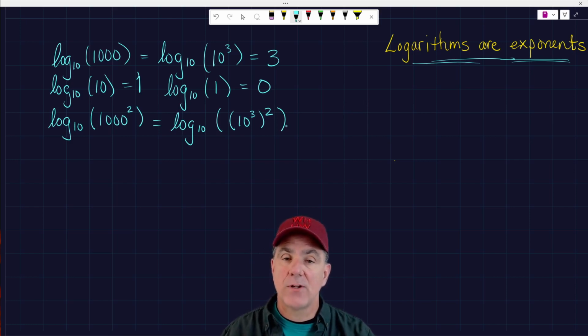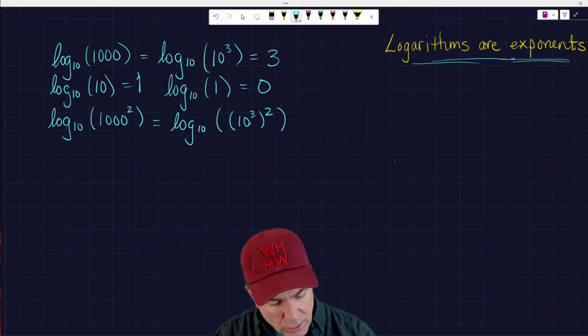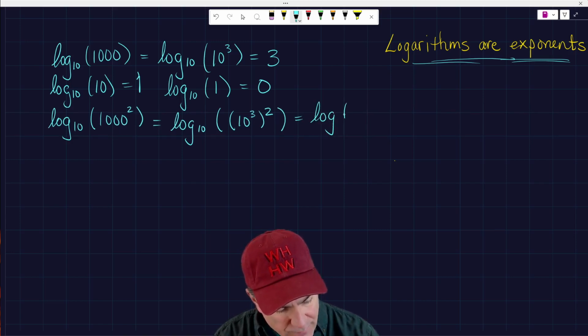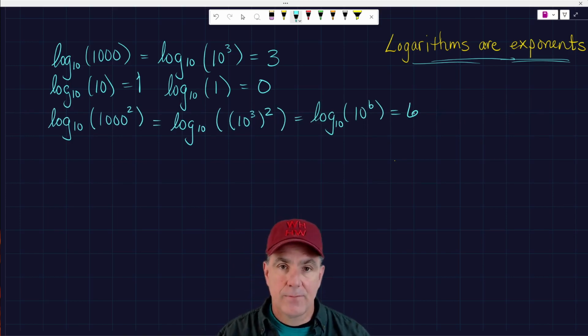The rules for exponents and the rules for logarithms are the exact same. They're just reversed because logarithms are the inverse functions for exponents. So in this case, if I want to rewrite this, this would be log base 10 of 10 to the 6th power. So the exponent, and this is log base 10, is equal to 6.